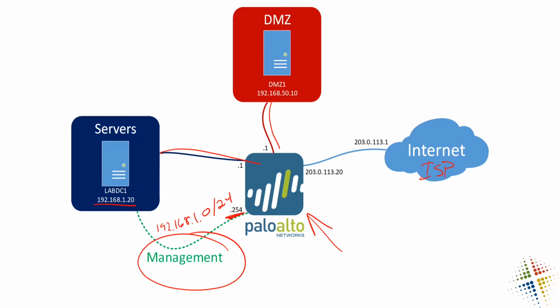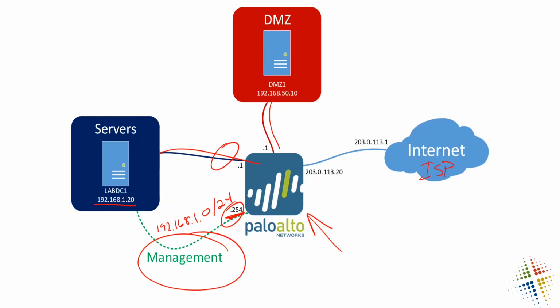Basically, both this network up here and the management network are connected to the same wire. Just the .1 address would be the default gateway for the servers, as well as for that interface, and the .254 would be the management IP address. Hopefully that makes sense. If not, it will in the future.